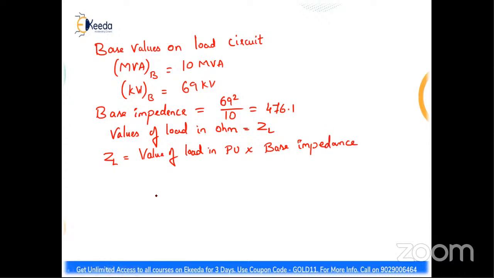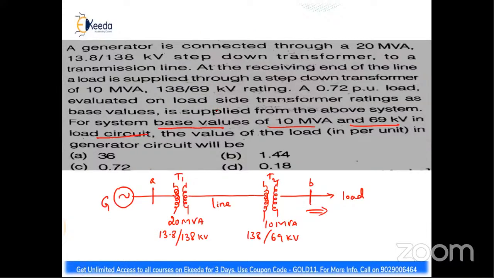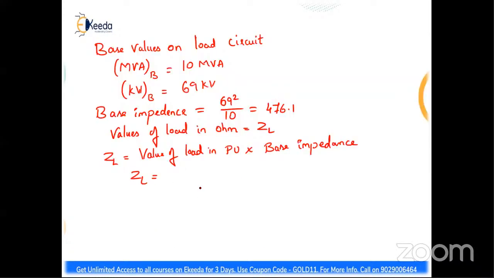Value of load in PU into base impedance. The value of load in PU is given as a 0.72 pu load evaluated on the load side transformer. Value of load in pu is 0.72 into the base impedance we got, which is 476.1.